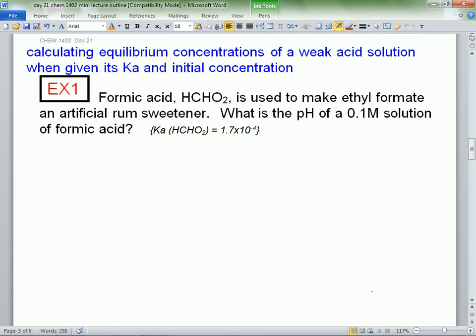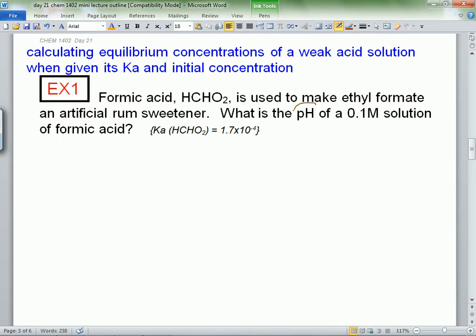Calculating equilibrium concentrations of a weak acid solution when given its Ka and initial concentration. Okay, so we've got formic acid. It's used to make ethyl formate, an artificial rum sweetener. What's the pH of a 0.01 molar solution of formic acid? Let's start with the question here.